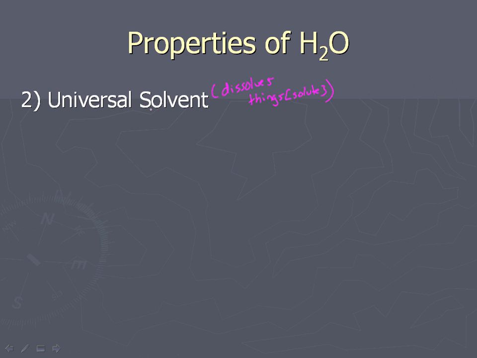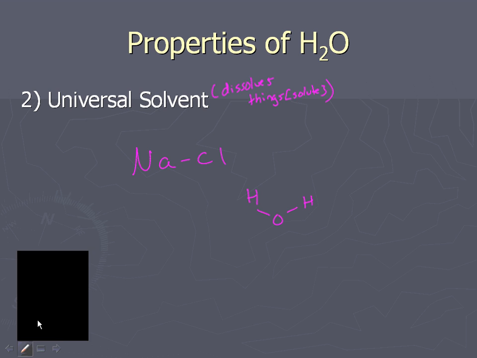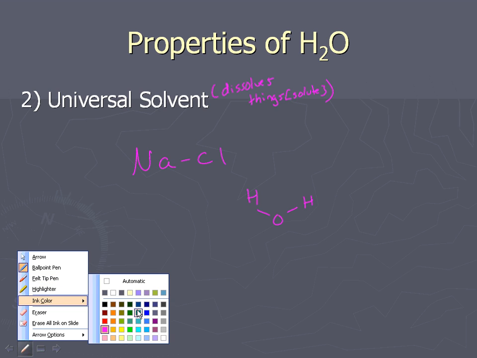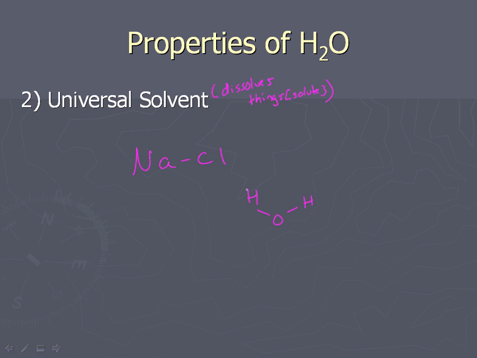So when things are, for example, like sodium chloride, this is a polar molecule. And if you have something like water, because of these partial charges, it has a tendency to want to be attracted. So if you look at this partial positive charge here and the partial negative charge of chlorine, it has an attraction. So what it ends up doing is it starts pulling this way.